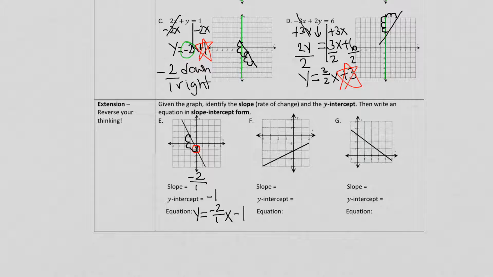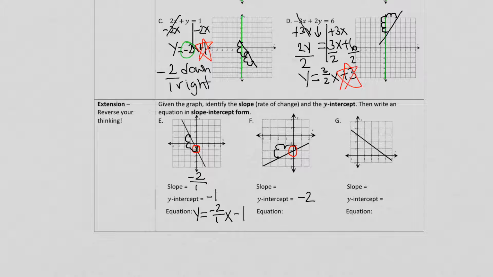So let's try it one more time. We're going to look for our y-intercept on example F. So we see that it crosses the y-axis at negative 2. So our y-intercept is going to be negative 2. And now we need to find one more point in order to find our slope, how it moves. So this is a good point. It goes up 1, 1, 2.